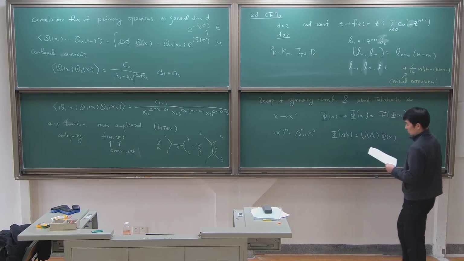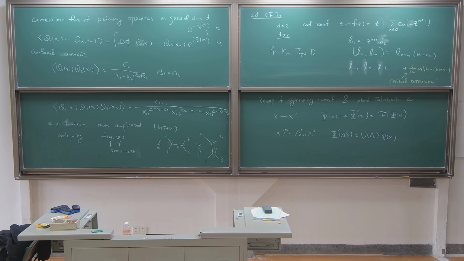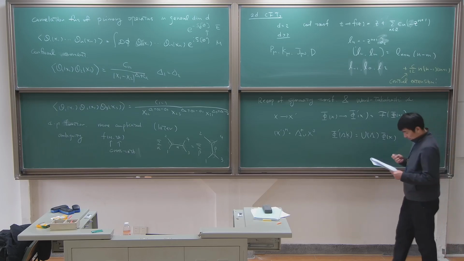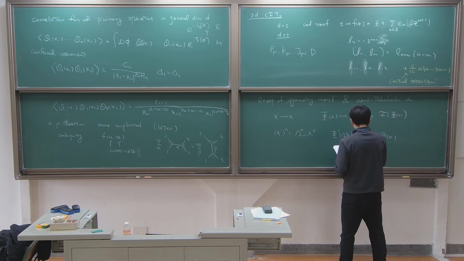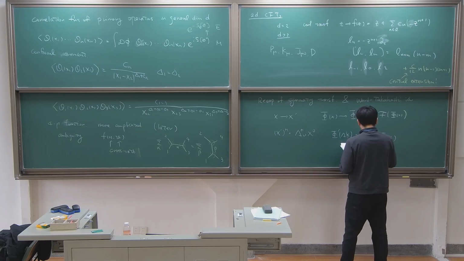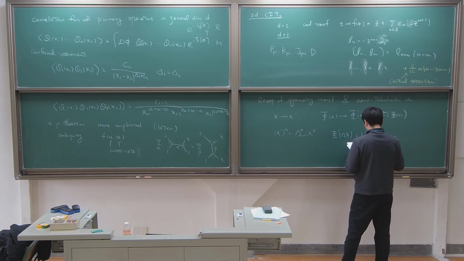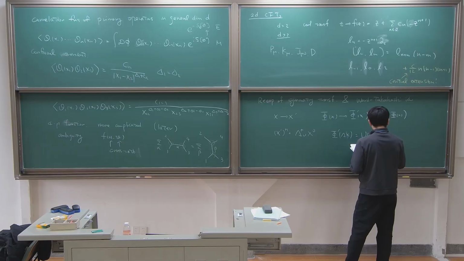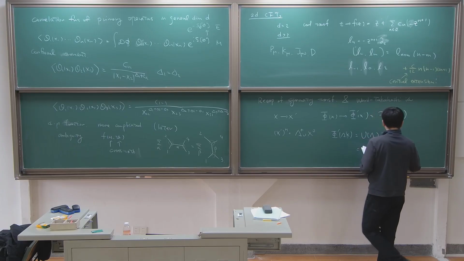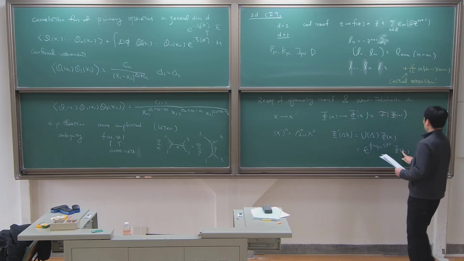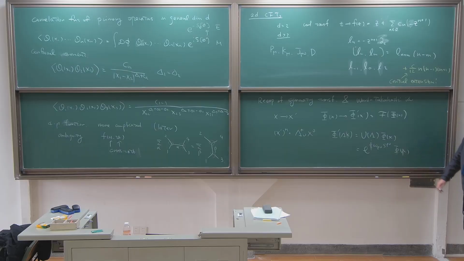That's the transformation rule we will get. For instance, this one is something like e to the i omega rho mu S rho mu, maybe 1/2, phi of x, like this one. So this is a global transformation.